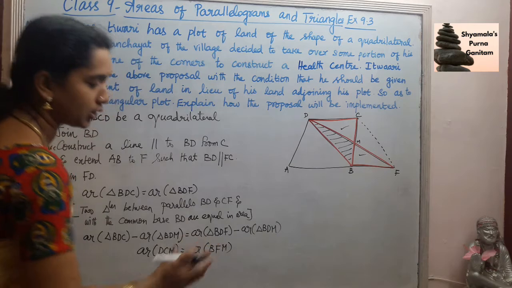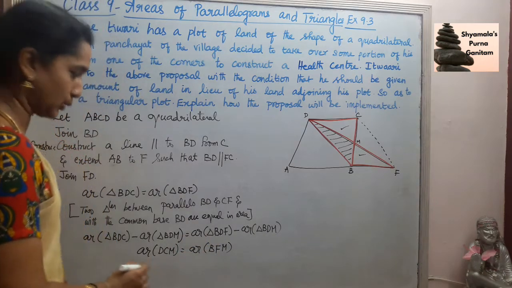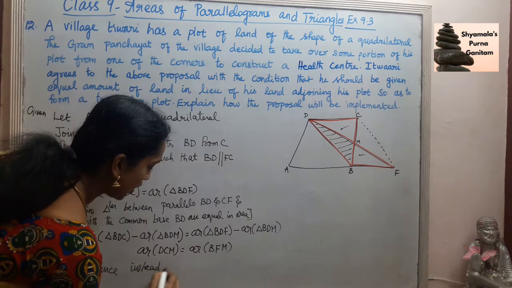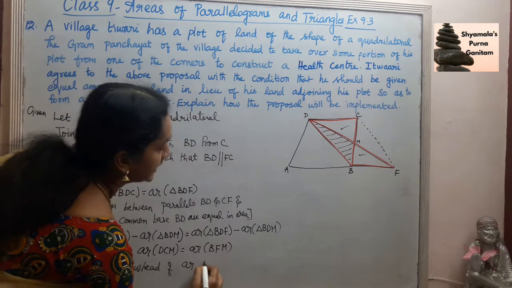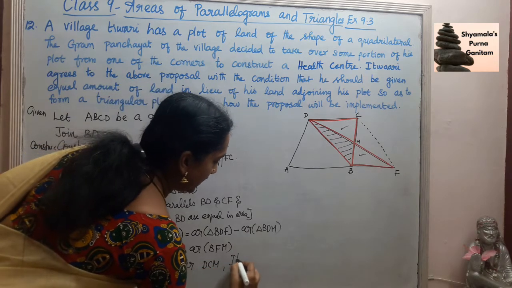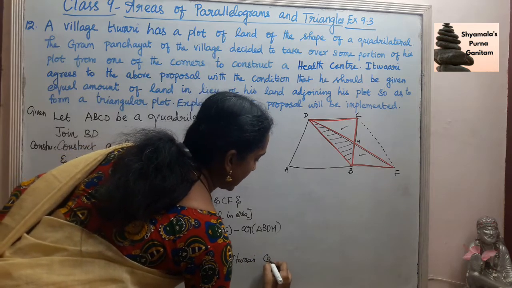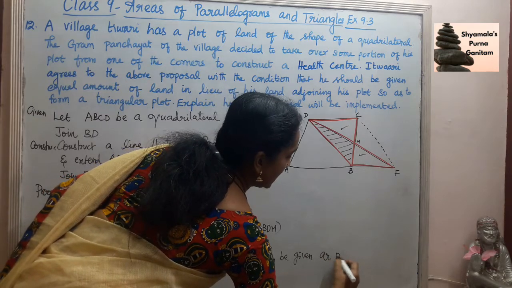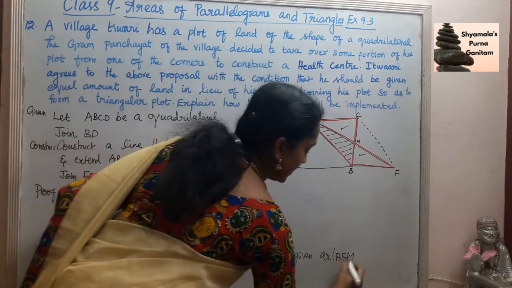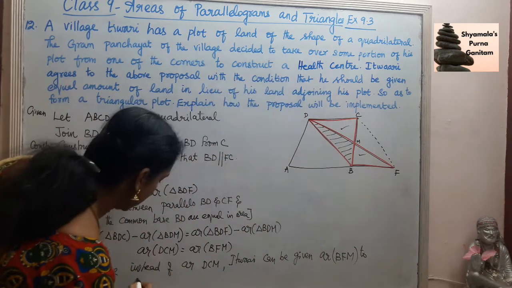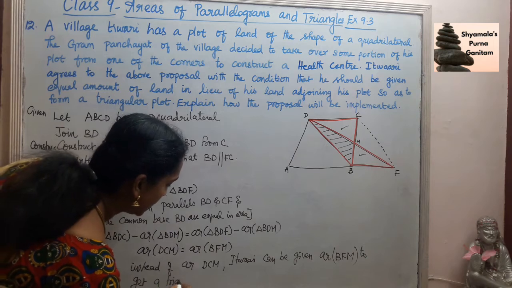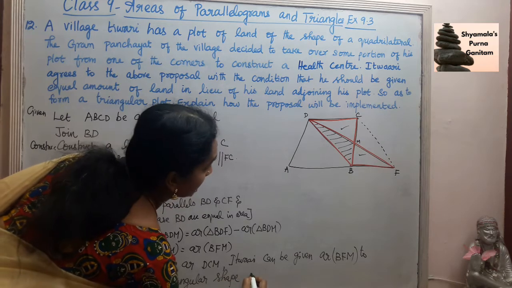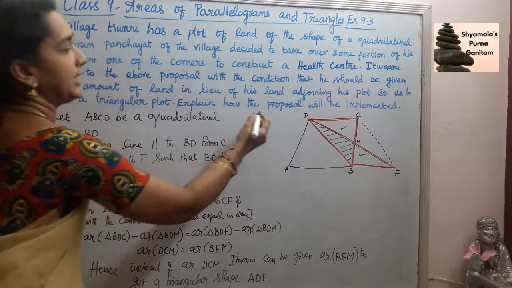Hence, instead of area DCM, Tiwari can be given area of BFM to get a triangular shape ADF. That is what he is asking.